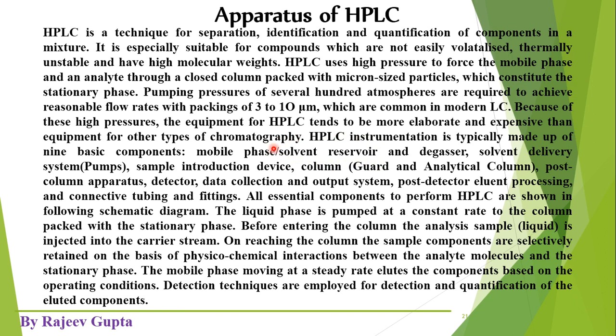So this is the first component, that is solvent reservoir, in which we put our mobile phases, our solvents in liquid state. And these solvent reservoirs will be attached to degassers, which remove dissolved gases from our mobile phase, because these dissolved gases could create problems inside the column or instrument during the experiment.